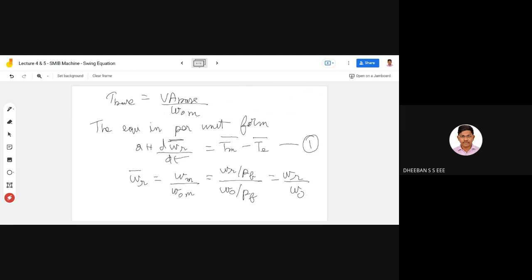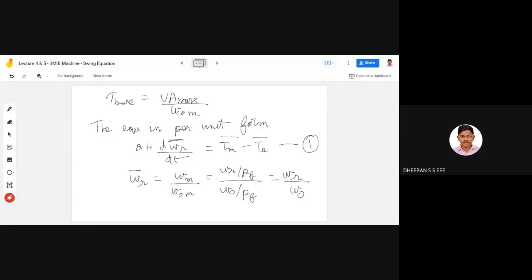Now you are representing in the per unit format, and here this omega r dash is nothing but the ratio between your omega m and omega naught m. It is similar to representing the base value of your voltage, that is the actual value divided by your base value. So here the base value is nothing but the initial value.